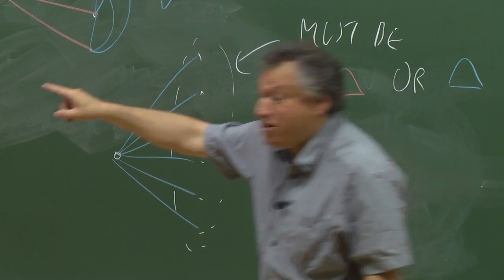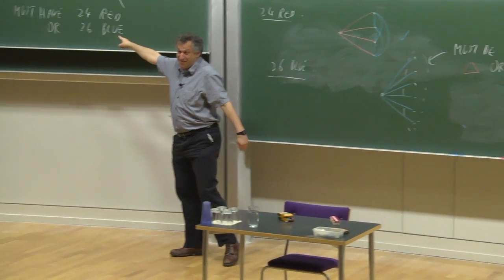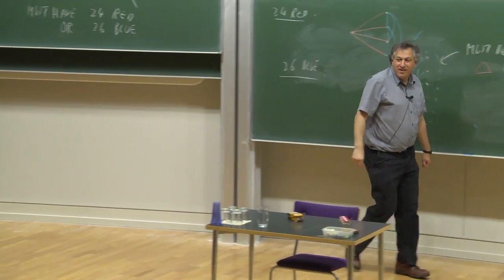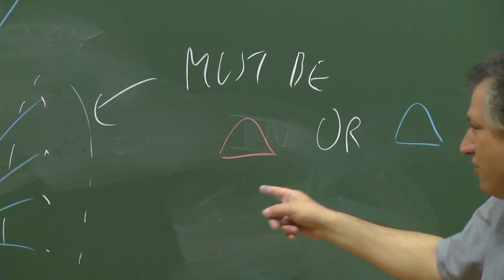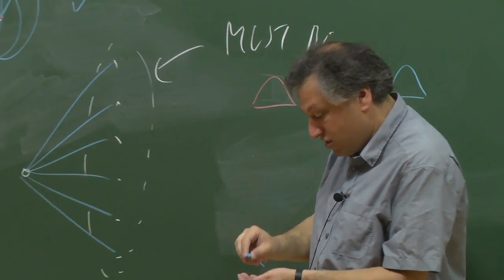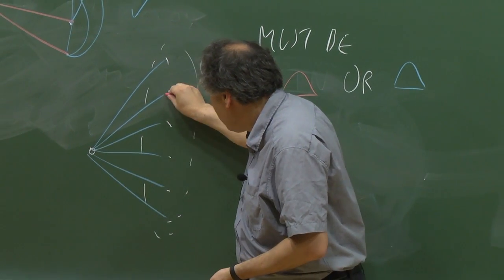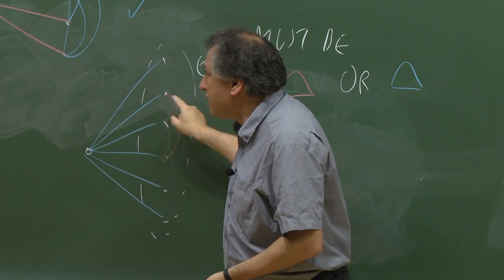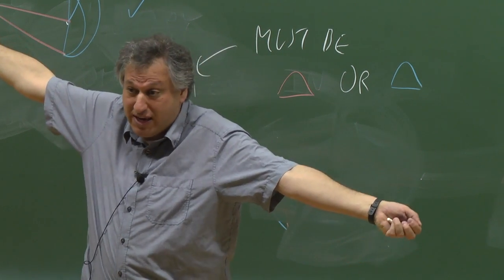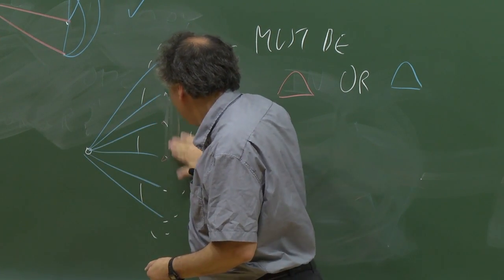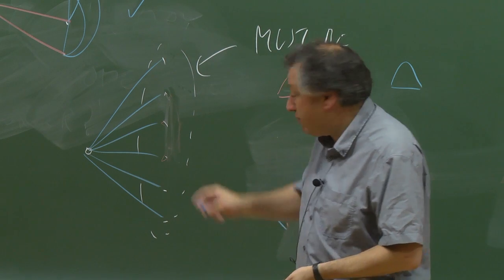Oh, that's why I chose 6, by the way. Okay. If there's a red triangle in those, say it's like that, we're done. A red triangle is a red triangle. Success. So that case is easy. There's a blue triangle amongst those 6.